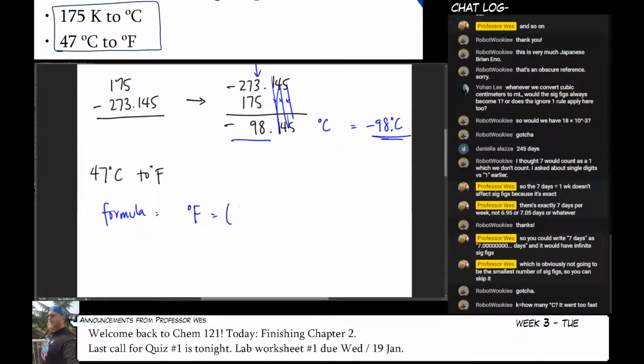So that is, and I always forget this, so I'm just looking it up. Whatever your temperature is in Celsius times 1.8. And then we're going to add 32 to it. And remember, these are exact numbers, these both.